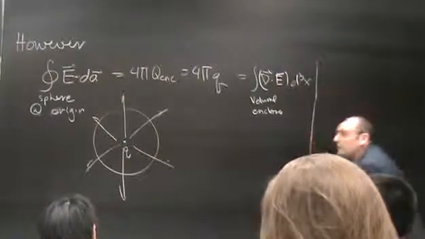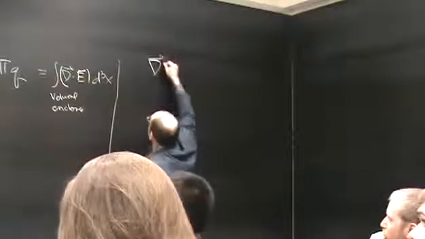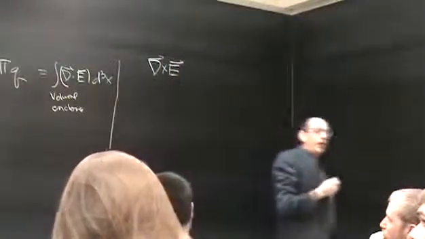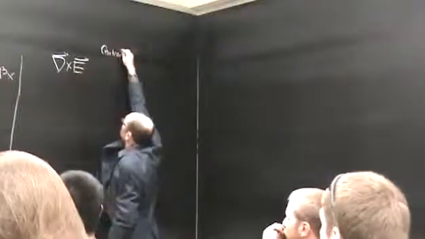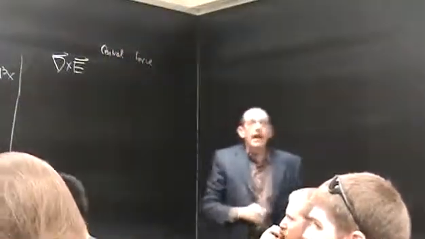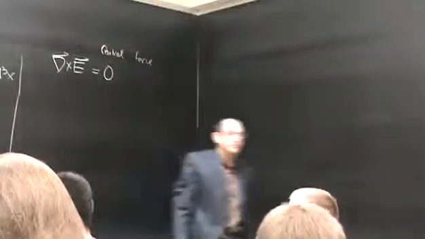Okay. We'll come back to that. So we got the divergence, we need the curl. So the curl of E, in this case, we have a central force for electrostatics, and it's quite easy to show that the curl of E is 0.